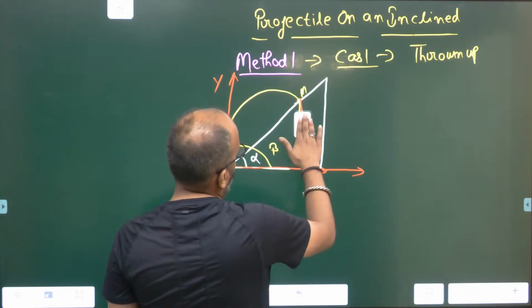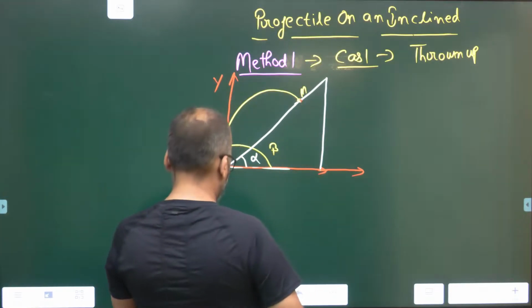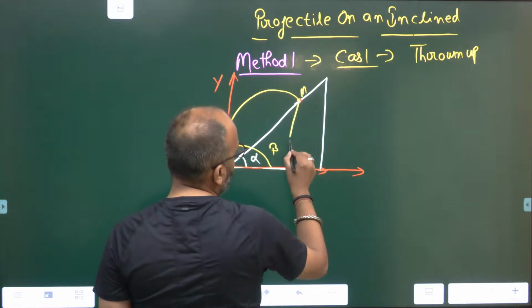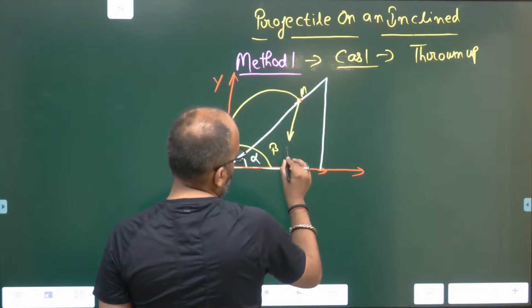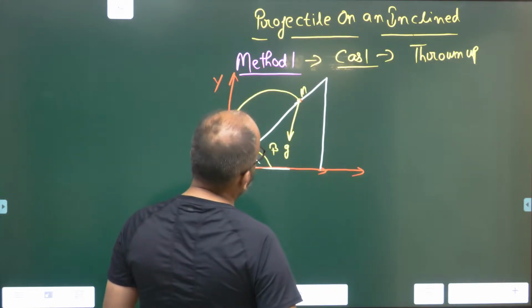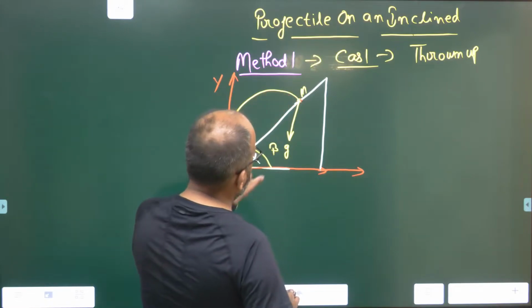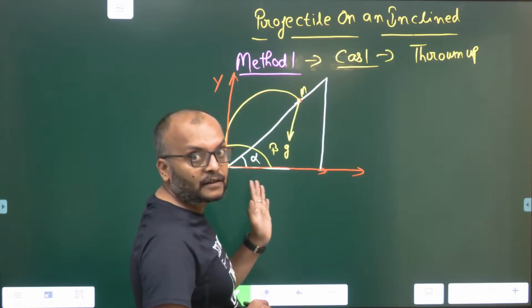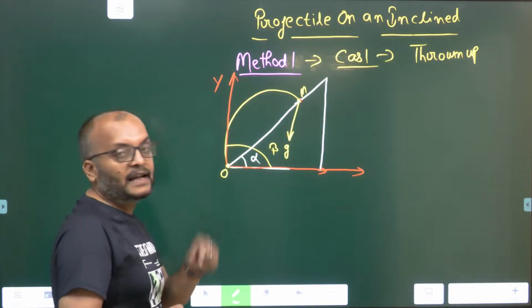Okay, let me draw it again. At point M, gravity will act in the downward direction. Is this clear or not? Okay, but since body is inclined at some angle, at what angle? At the angle of inclination. What is angle of inclination? It is alpha.